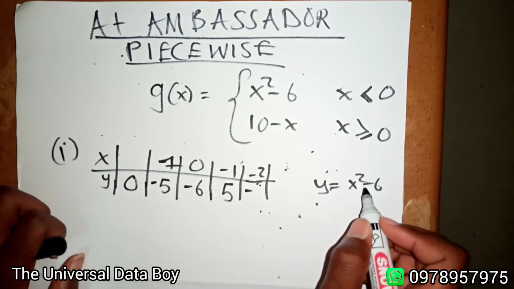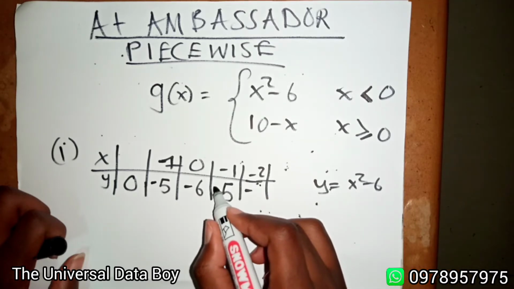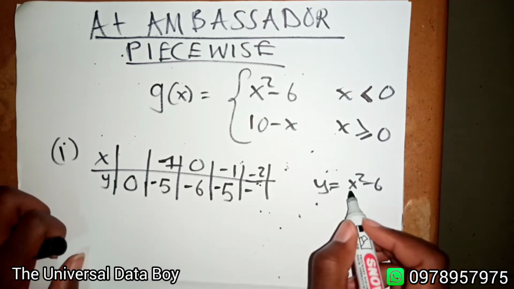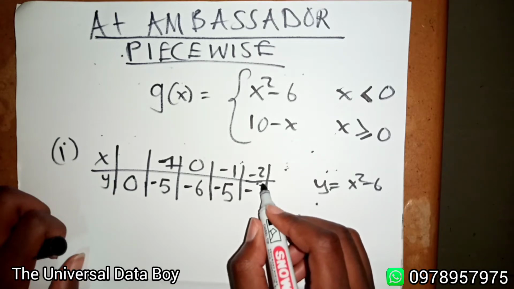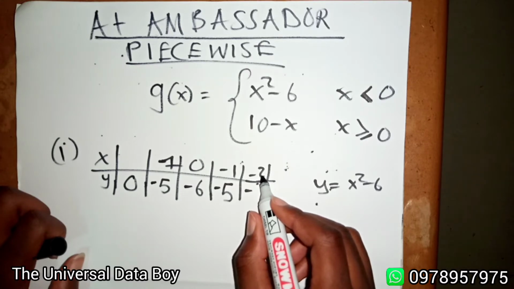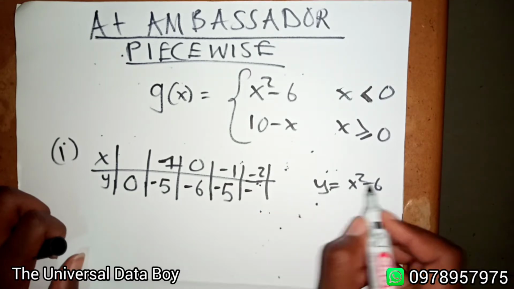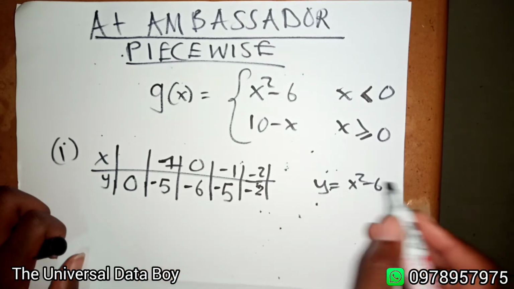When x is -1, y is still -5. When x is 0, y is -6. When x is 2 or -2, that will have the +4, that's -2. And then when x is +2, we still have the same thing.